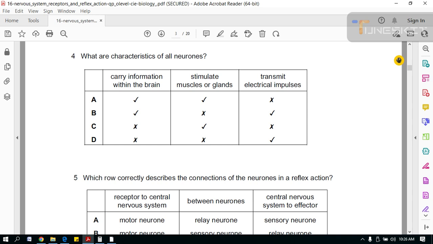What are the characteristics of all neurons? Remember the options: carry information within the brain, stimulate muscles or glands, transmit electrical impulses. All the neurons means you should know about the sensory neurons, relay neurons and motor neurons. So option A, carry information within the brain.